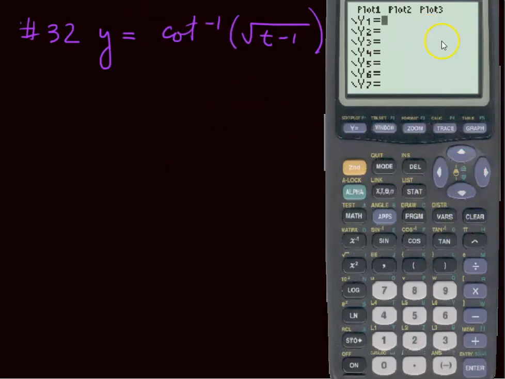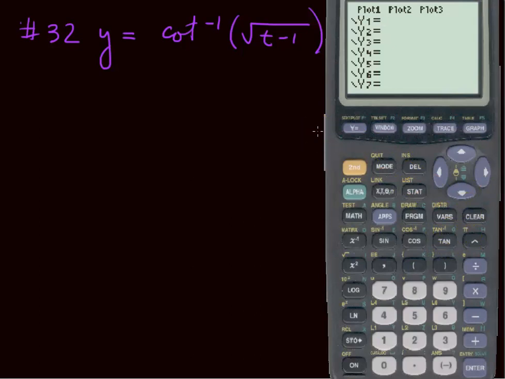Now, what's important here is that the inverse cotangent is a little harder to get than the inverse cosine or the inverse tangent. It is not 1 over the inverse tangent.